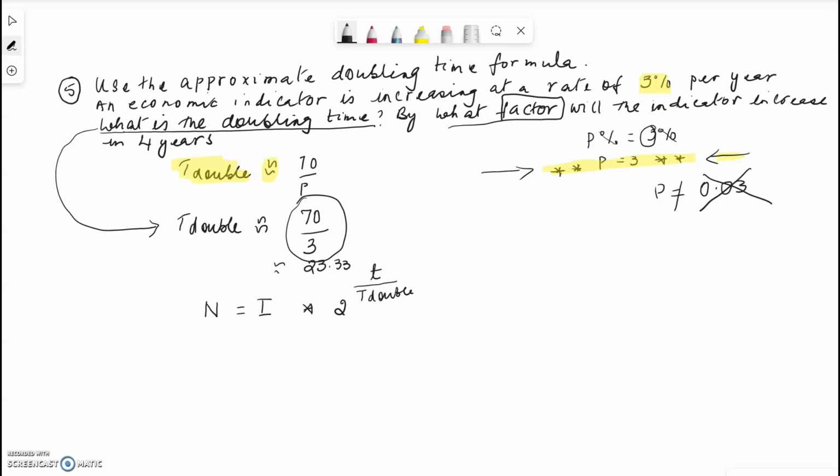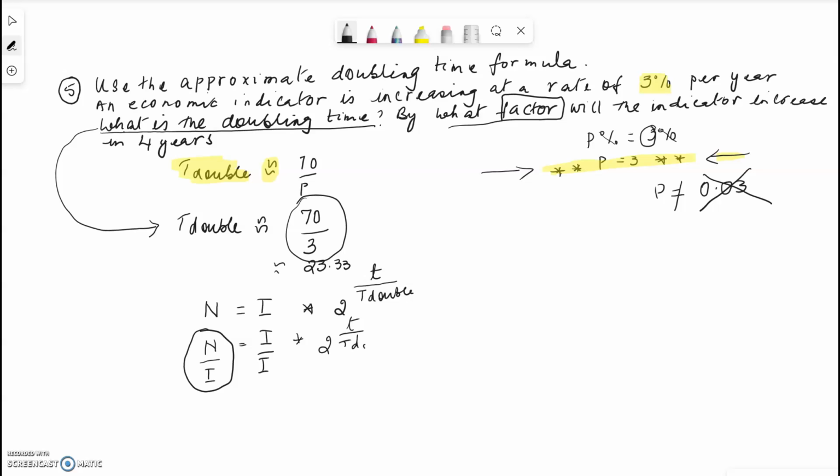Since we want just the factor, let's divide both sides by I. This is the growth factor, remember we discussed this, 2 to the T over T double.